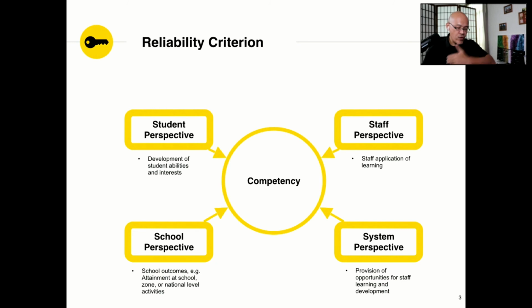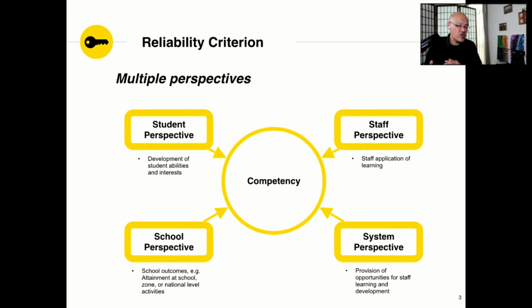And so if you have all this series of indicators at the different multiple perspectives, this is where you have a reliable indicator. Now, the question that you might have is that does that mean that in my staff resource plan, I need to have staff goals, system goals, staff KPIs, system KPIs, school KPIs, as well as student KPIs?